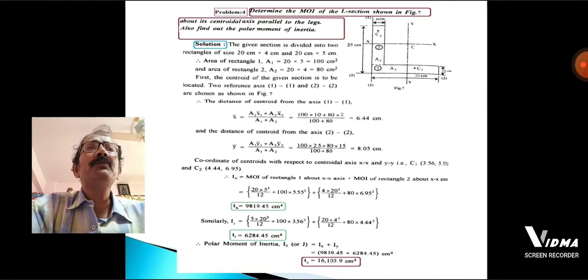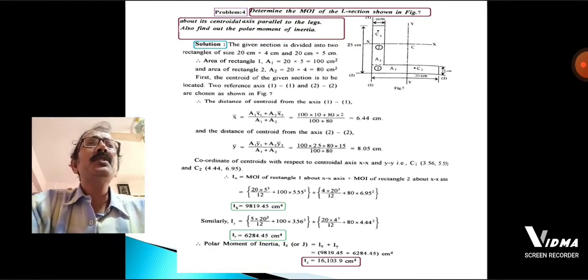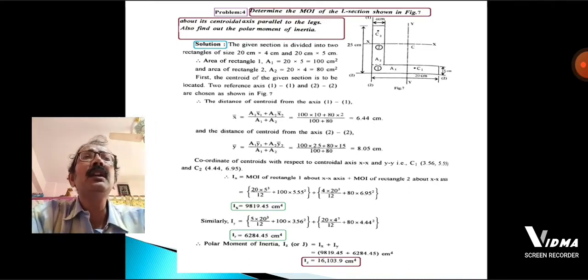In problem number 4, determine the moment of inertia of an L section as shown in the figure. We also have to calculate it about the centroidal axes parallel to the legs, and find the polar moment of inertia. In this L section, first we have to calculate the centroidal position, that is x bar and y bar.